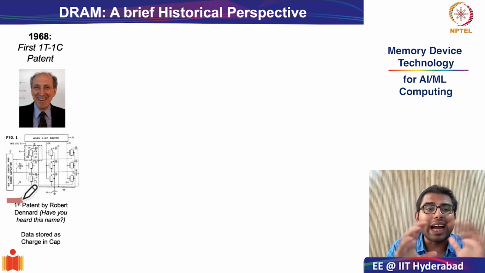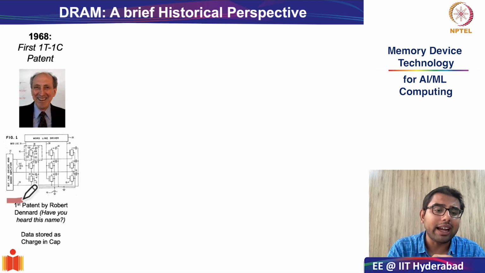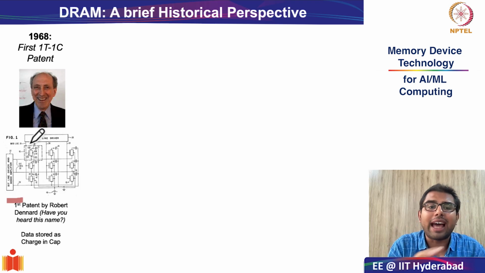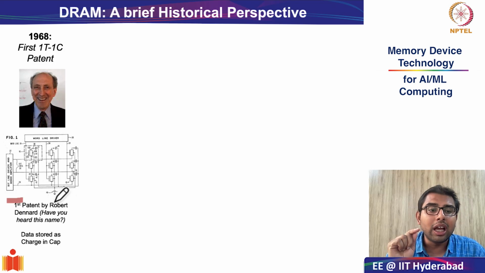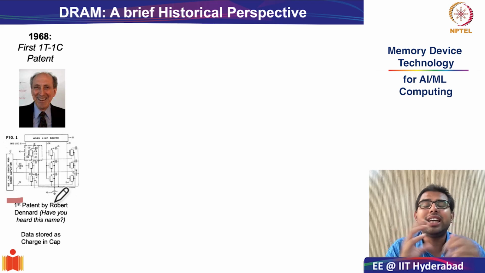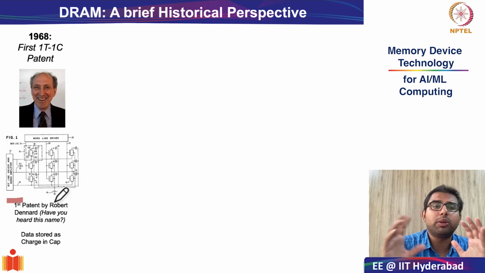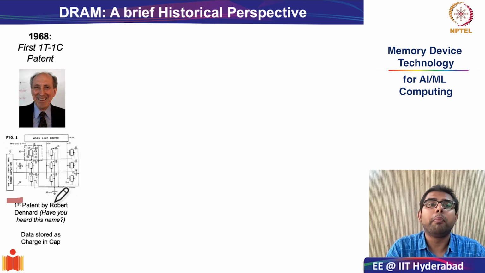His idea was very simple. Like I was showing in the previous slide, you just have a 1T and 1C structure arranged in an array fashion, and in this structure the data is stored as a charge in the capacitor in the storage node. Okay, so this was the first patent idea filed by Robert Dennard.